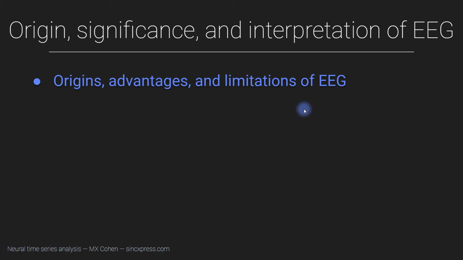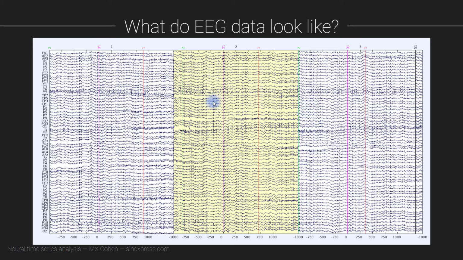All right, so let me actually start by showing you a little bit of EEG data. If you've never seen EEG data, here you get a little bit of a sense of what some typical EEG data look like. This figure shows the voltage fluctuations over time from 64 different channels that are placed on the head.